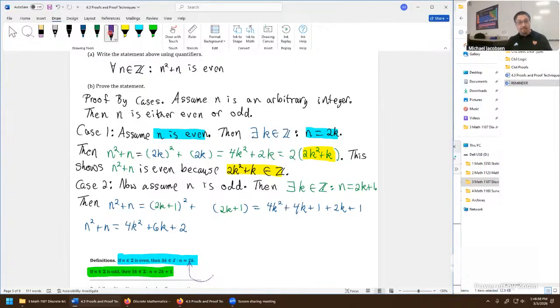If you can place a factor of 2 in front of some integer k, whatever it happens to be, no matter how messy it is, you have shown it's even. So let's factor out that 2. 2 factors out, leaving behind 2k squared plus 3k plus 1. And that's exactly this format for an even integer. We just need to state the conclusion on this stage here. But any questions at all, folks, getting to this step?